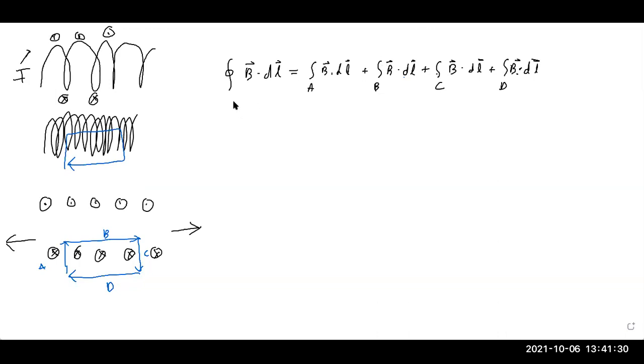So the only significant part contributing to the magnetic field integral along the loop of this rectangle is what's inside. The magnetic field is quite weak everywhere outside of the solenoid, except near the mouth, which we're not at.